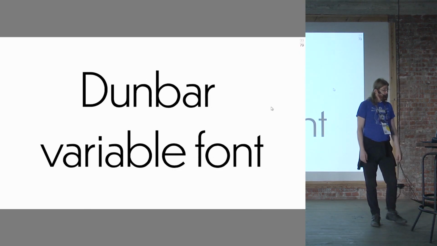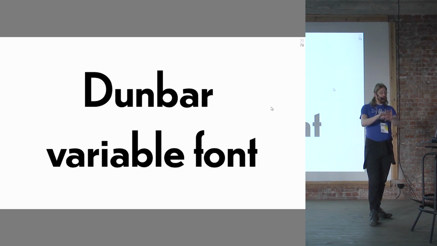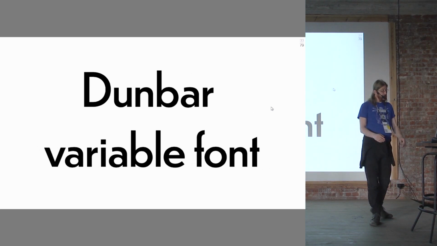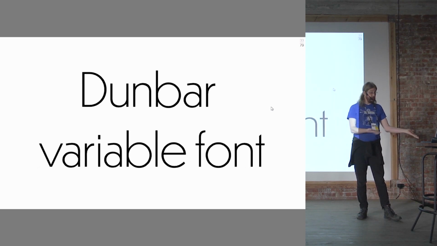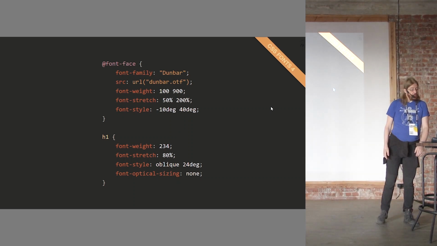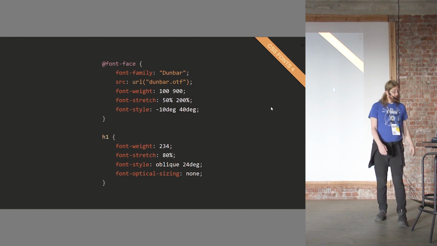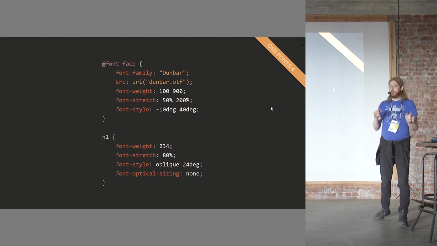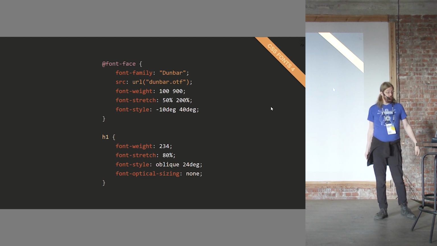Here's another example. We're animating the weight, we're animating the x-height, we're animating something about how round and circular the glyphs are, which is a specialized thing for this font. How do we do this? So the first thing to notice is we look at the descriptors, and they now have 2 numbers. Font-weight says 100 900, meaning it can do anything between these 2 numbers.